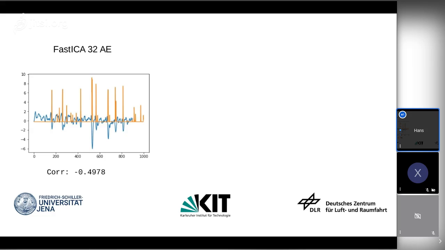In blue we see the output of our ICA. In orange we see the ground truth for the volcanic activity. The correlation is only 0.49, but as you can see, we have a very good way of identifying whether there is volcanic activation by checking whether the value of the ICA gets negative.